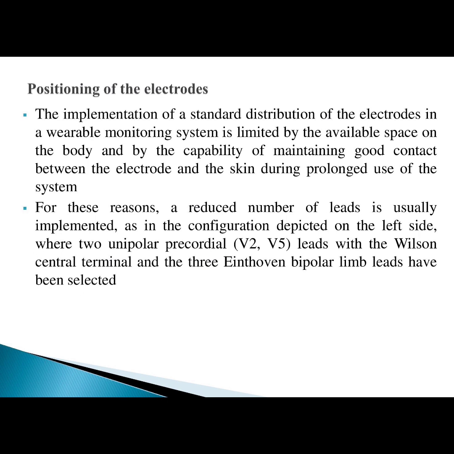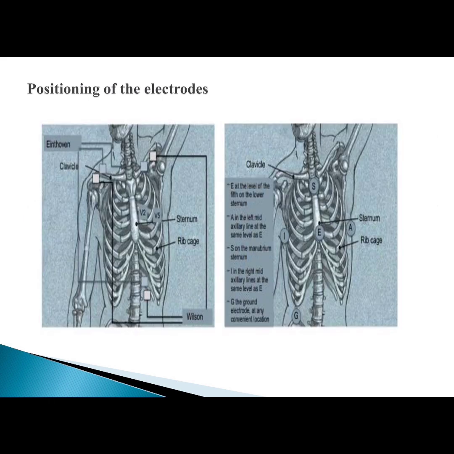For these reasons, a reduced number of leads is usually implemented, as in the configuration depicted on the left side, where the two unipolar precordial V2, V5 leads within the Wilson central terminal and the three Einthoven bipolar limb leads have been selected. These are the positioning of the electrodes.